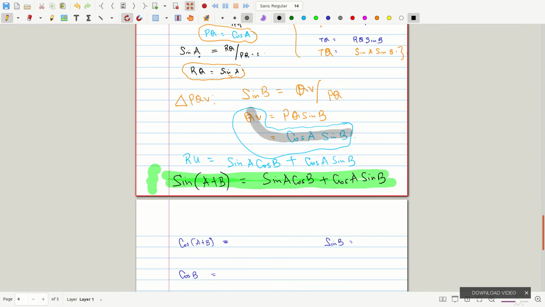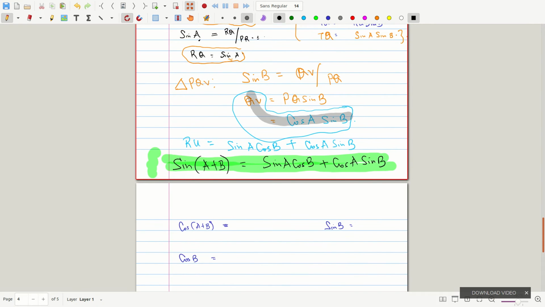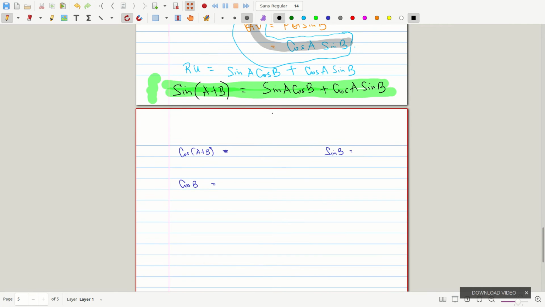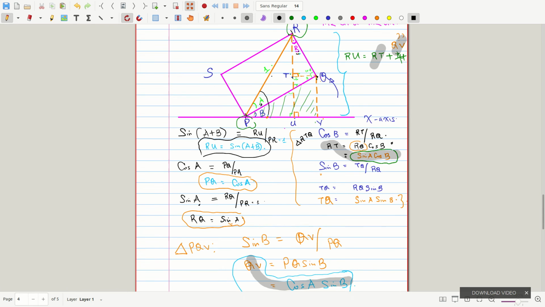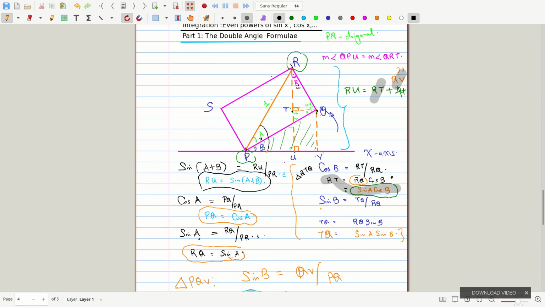We are going to follow again a series of substitutions here. If we look at the triangle RPU, I would like us to see that the cosine of angle A plus B equals the adjacent side, which is PU, over the hypotenuse, which is PR.